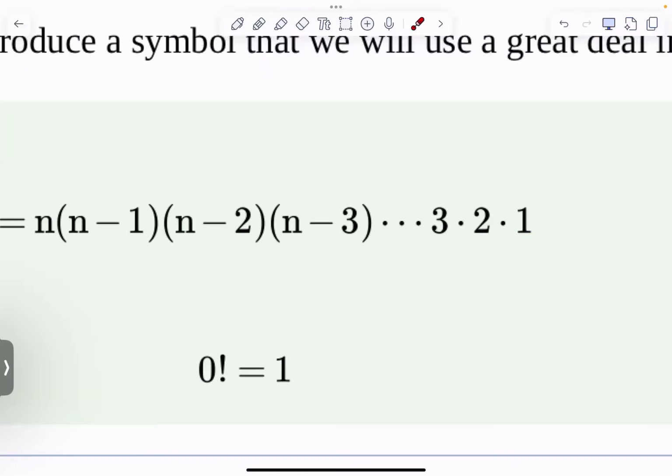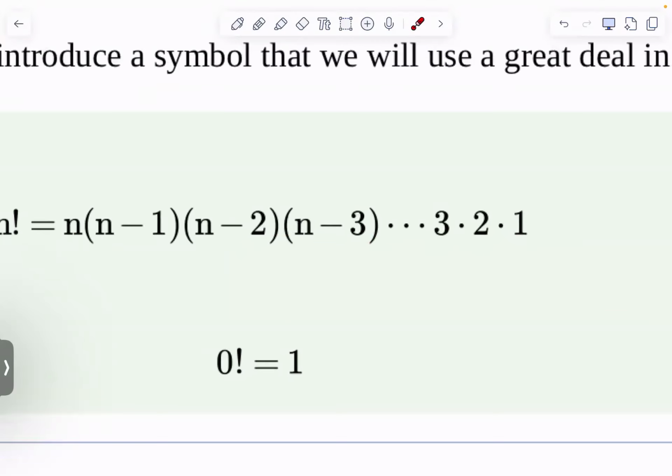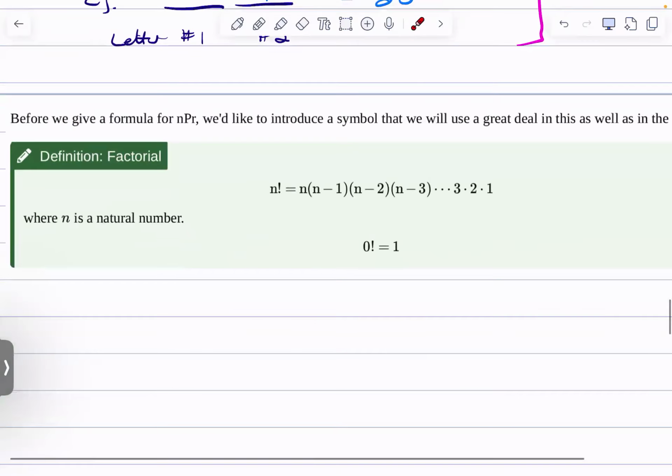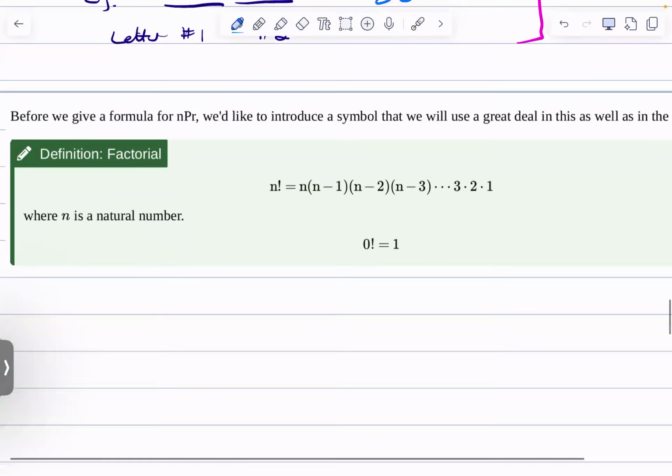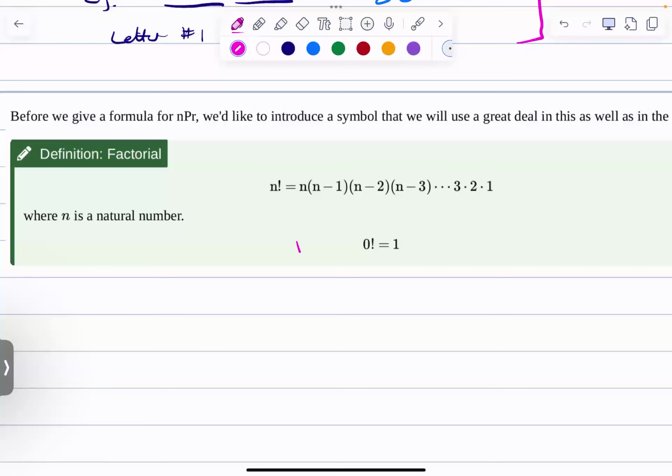We've already seen 4 factorial, 5 factorial, right? So you start at the number, and then you keep decreasing by 1 until you reach 1. And here's a fact: 0 factorial is 1. That's kind of weird, but it is.